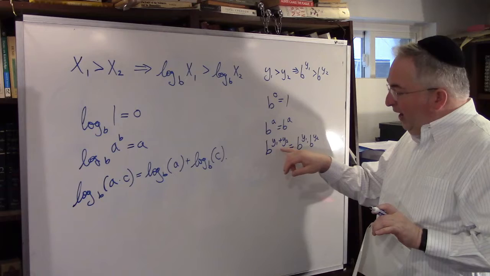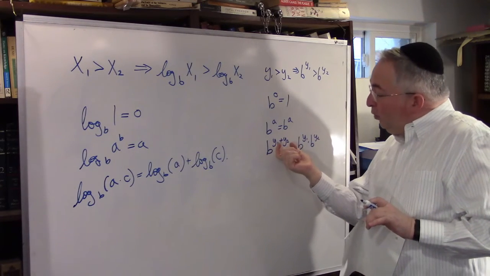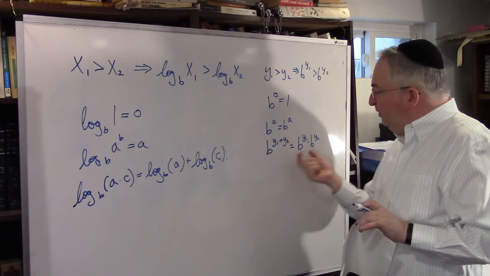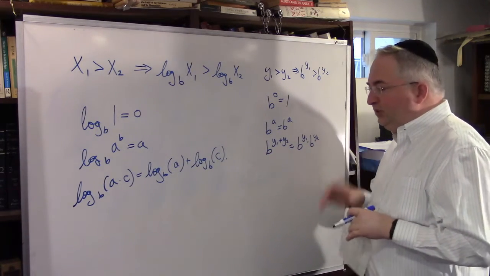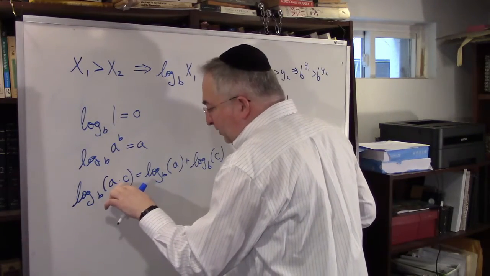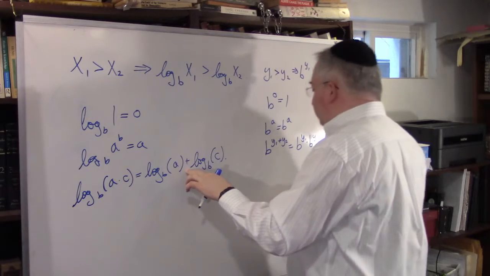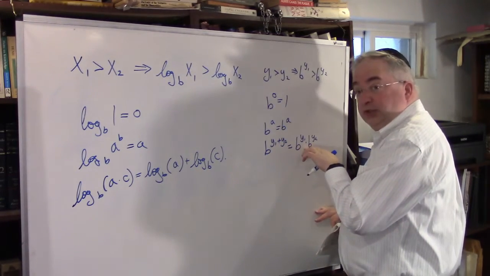Again, if you add exponents, you get a multiplication of these things. This means y1 plus y2 copies of b. Well, you can separate it like this. Notice what's going on here, and we're going to do this again and again. Logarithm makes a multiplication into an addition. Exponentials take an addition and make it into a multiplication.